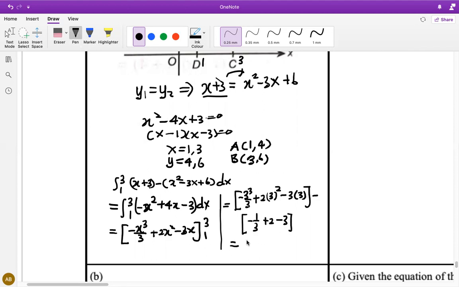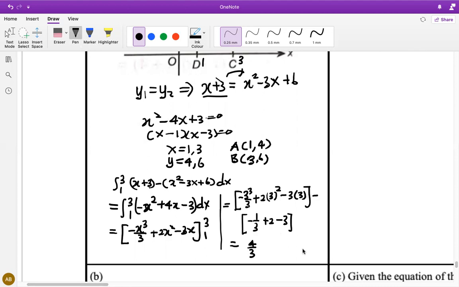So your value should be, according to the workbook, 4 over 3.